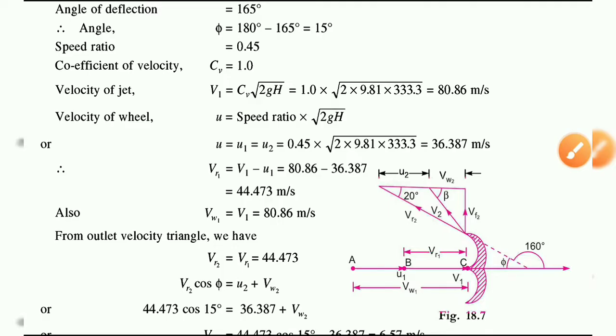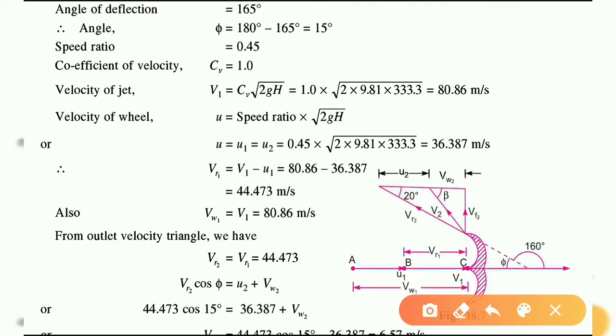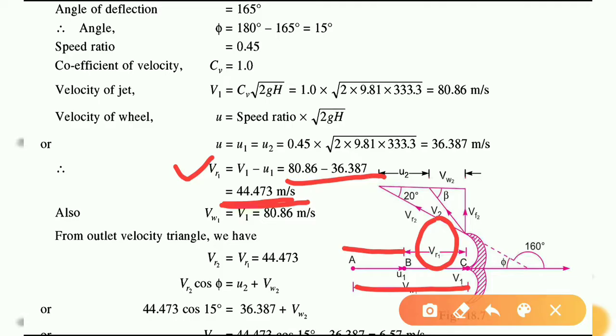So now we have calculated this V1 and U. Using these two values we can calculate the relative velocity. From this velocity diagram we can say that Vw1 minus this u1, it is equal to this Vr1. So Vr1 is the relative velocity at the inlet. It is equal to V1 minus u. So it is 80.86 minus 36.387, which is equal to 44.473 meter per second.